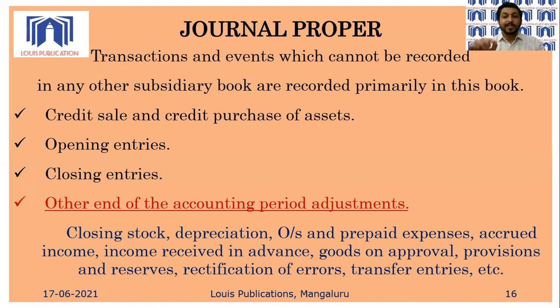Journal proper is the only subsidiary book where we pass proper journal entries with narration. Only subsidiary book where we pass complete journal entries with narration. That's why the format of journal proper is same as that of a journal. So these are the two reasons due to which we call this subsidiary book as journal proper. Remember this. So this is the basic point as to why journal proper is called as journal proper.